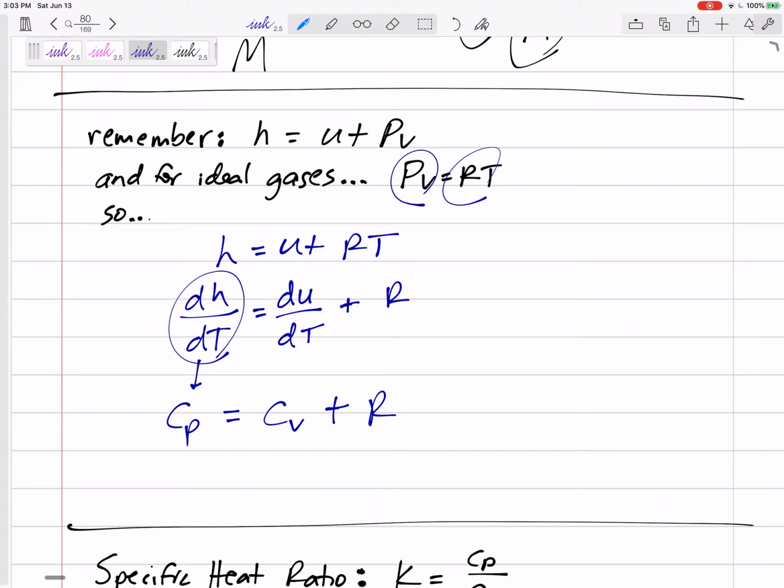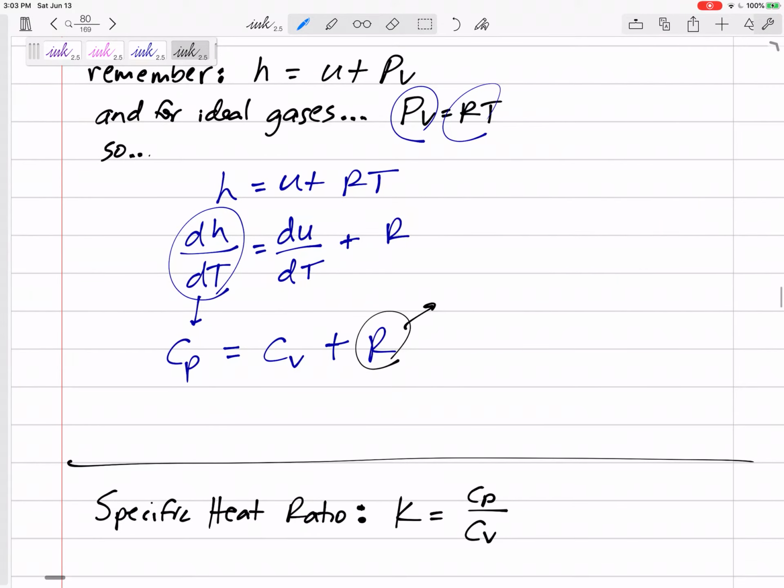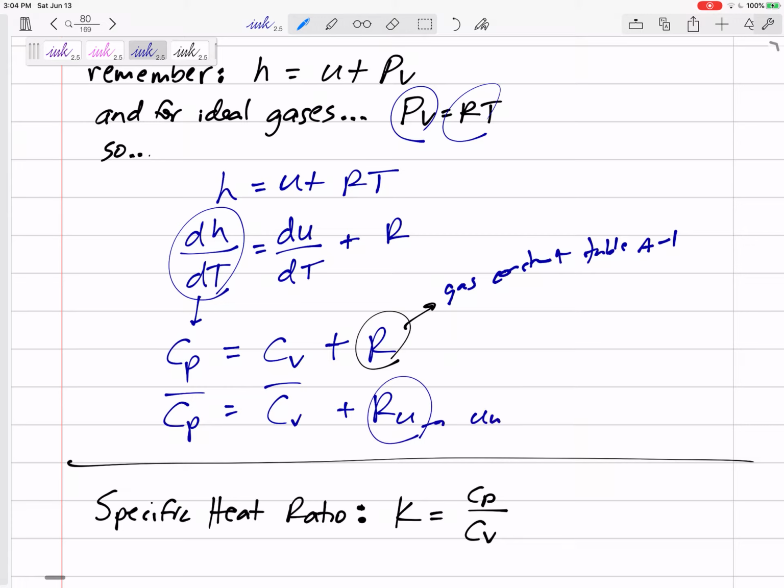Cp and Cv are off by a difference of R, and R is the gas constant for that substance. Cp bar is different from Cv bar by the universal gas constant, which is probably in the footnote of table A1.